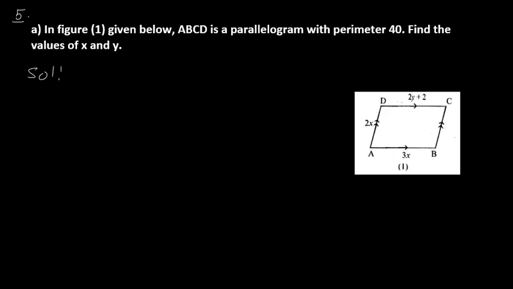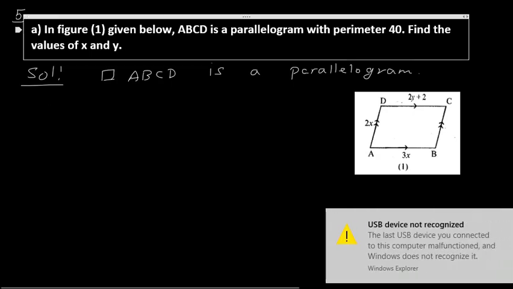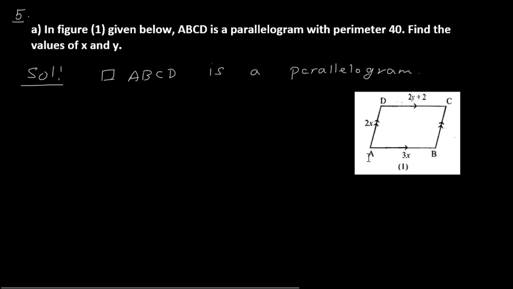In the solution, I will say that this quadrilateral ABCD is a parallelogram. Therefore, AB is equal to DC.